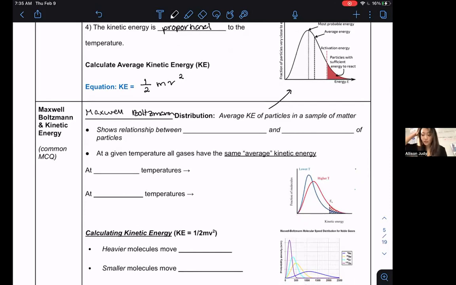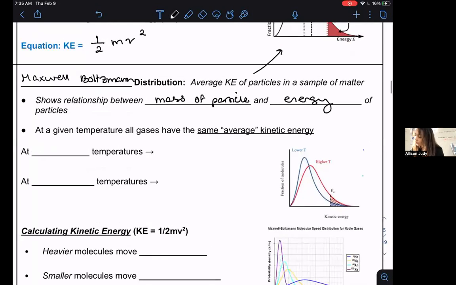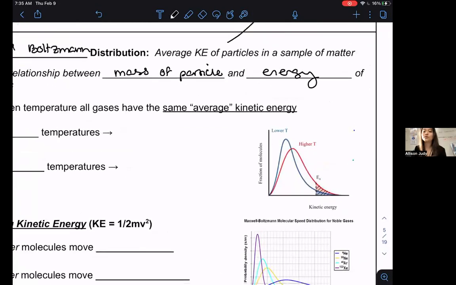Okay, so just the relationship between mass of the particle and energy. All right, and here's why. We can graph a Maxwell distribution curve for a given sample against another sample, and how the curves differ when we overlap them tells us something about the particle size.